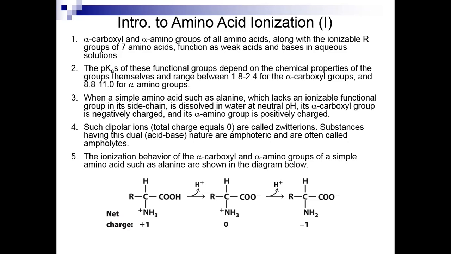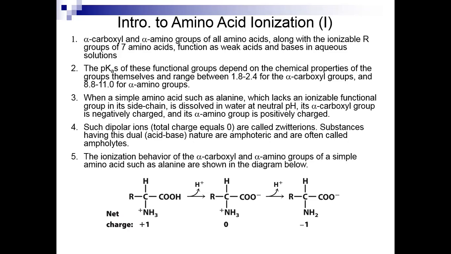In most of the amino acids, the alpha amino group and the alpha carboxylic group function as weak acids and weak bases in the aqueous solution. The pK of these functional groups depends on the chemical properties of the groups themselves, and it ranges between 1.8 to 2.4 for the carboxylic group, and for the alpha amino group, it is between 8.8 to 11. So this is the range of the pK values.